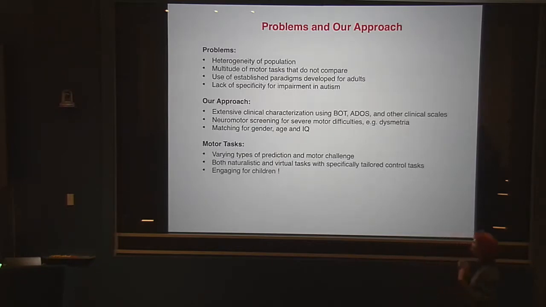So what we try to do to overcome these weaknesses in the body of literature is, firstly, to have a very extensive clinical characterization using the standard scores. We eliminate neuromotor deficits that might be confounding elements, so we do a very diligent screening and exclusion. And we certainly match for gender, age, and IQ.